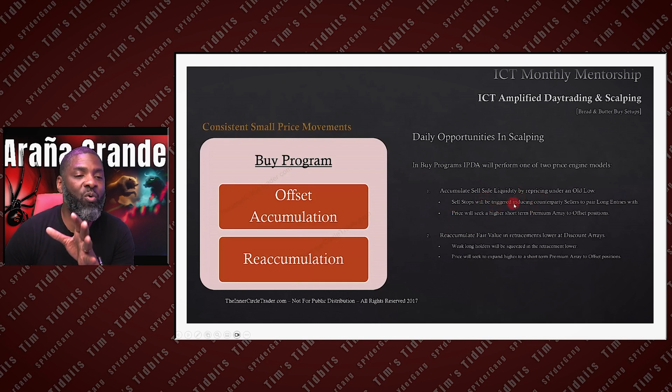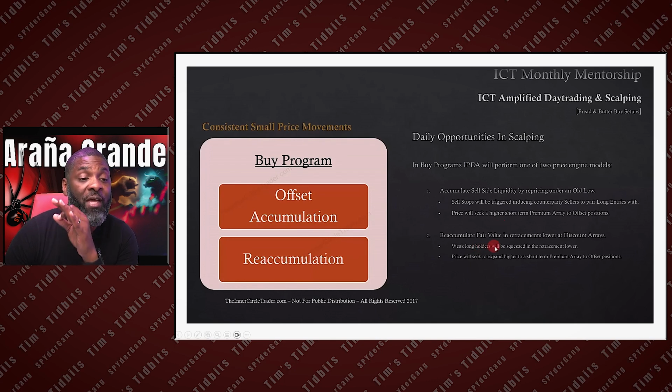Accumulate sell side liquidity by repricing under an old low. Sell stops will be triggered, inducing counterparty sellers to pair long entries with. Price will seek a higher short-term premium array to offset positions.